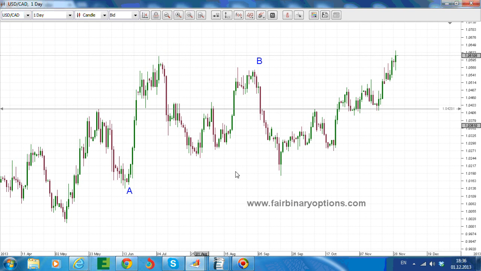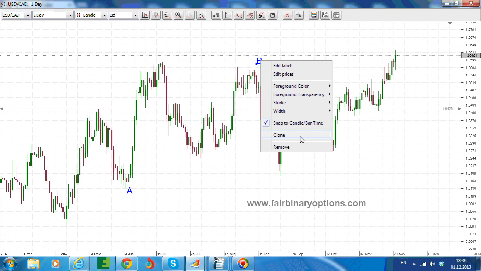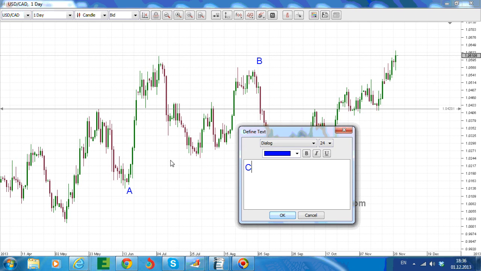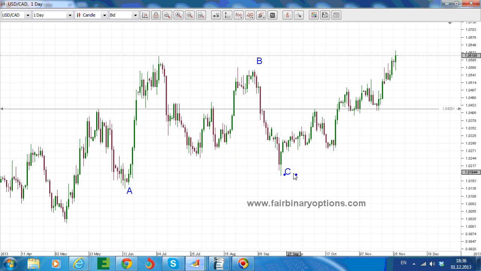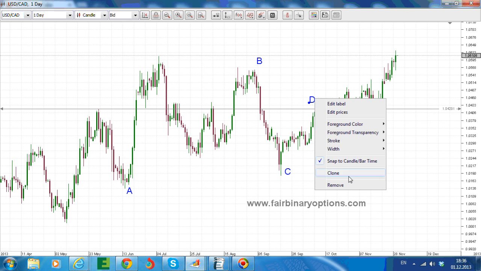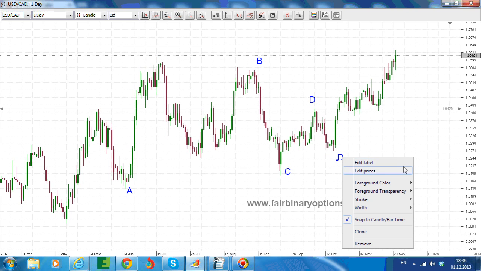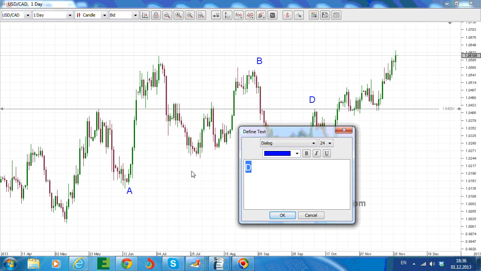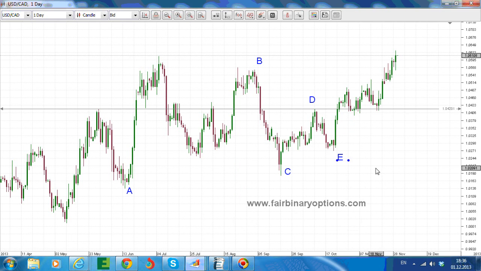A C wave to the downside here, the D wave here with a 3 waves move, and then of course the E wave to the downside, and this E wave should be done here. So A, B, C, D, E.